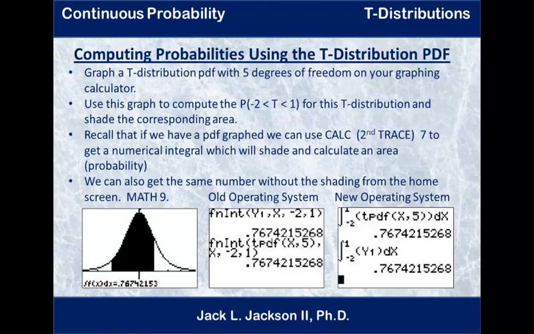If we've got the newer operating system, it's the same numbers, it's written more like you'd write it by hand. It's an integral symbol. That's just this long, skinny S standing for the sum of this accumulated area or accumulated probability. And the lower limit goes on the bottom here, the upper limit goes on the top, and the function goes in here, either Y1, since we know we have it stored in Y1, or if we just rather type it out, we can type it out as tPDF, which again comes from your distribution menu.